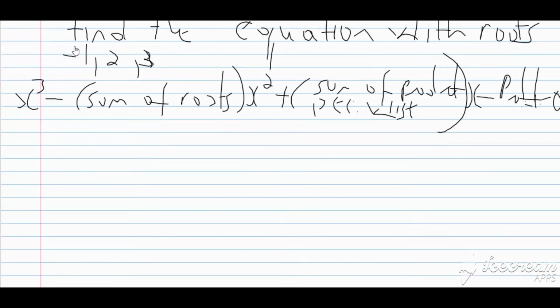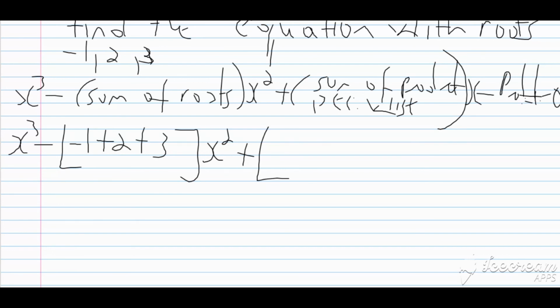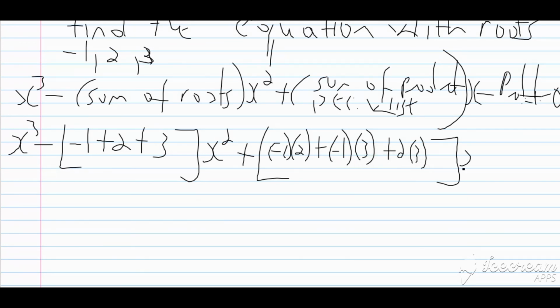All right, let's go. The roots here are negative 1, 2, and 3. So it's going to become x cubed minus, big bracket here for that, negative 1 plus 2 plus 3 times x squared plus, all right, and we can use some small brackets here, the sum of the product pairwise. So we can have negative 1 times 2 plus negative 1 times 3 plus 2 times 3, and all this is going to multiply my x.